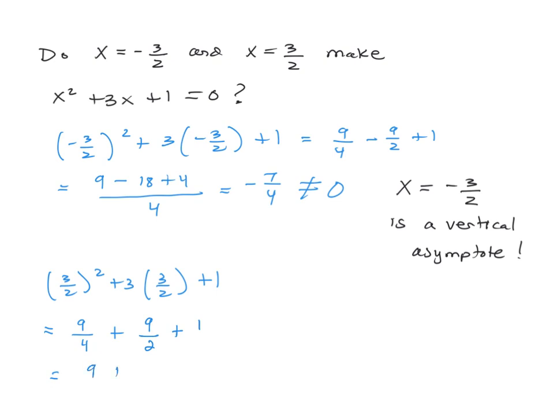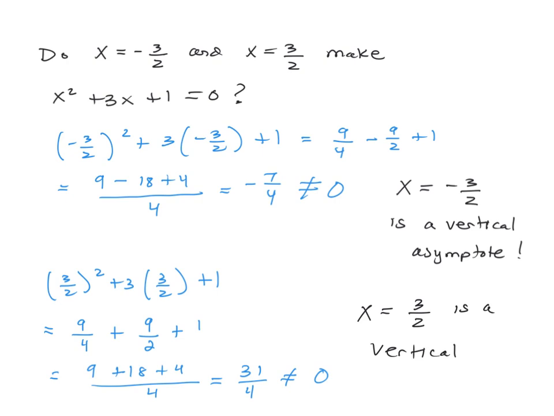So we get 9 plus 18 plus 4 all over 4, and that is equal to 31/4, but all I care is that it's not 0, and therefore x is equal to positive 3/2 is a vertical asymptote. So it turned out that both numbers that made the denominator 0 were vertical asymptotes. This isn't always the case. If these numbers either made this equal 0 or this equal 0, then potentially they might not be vertical asymptotes.